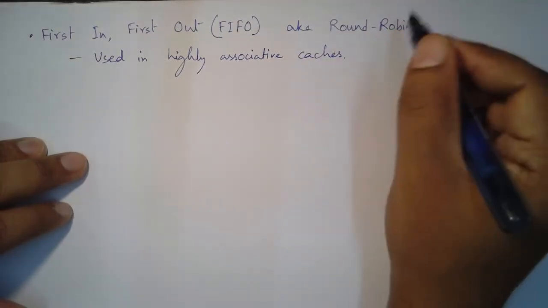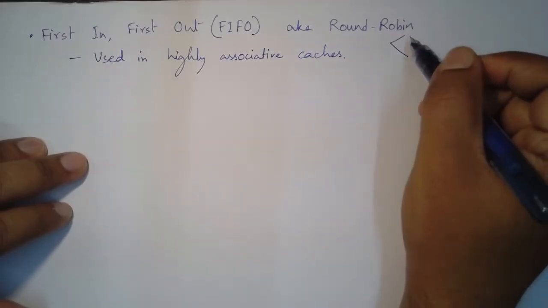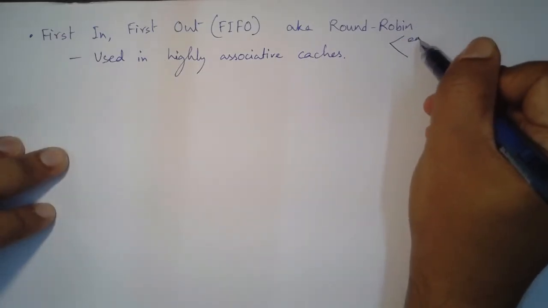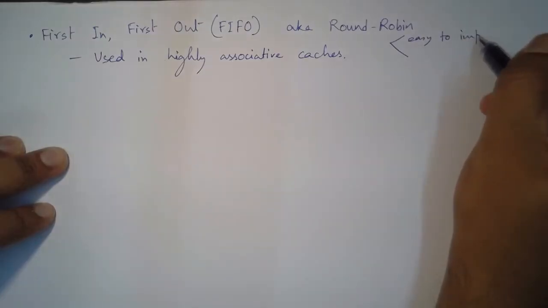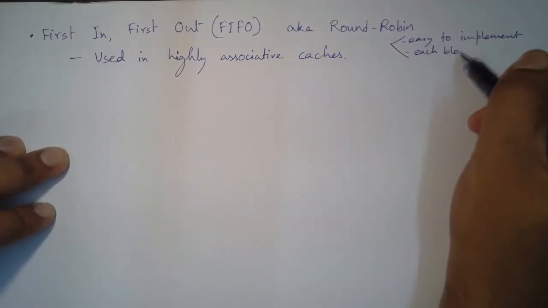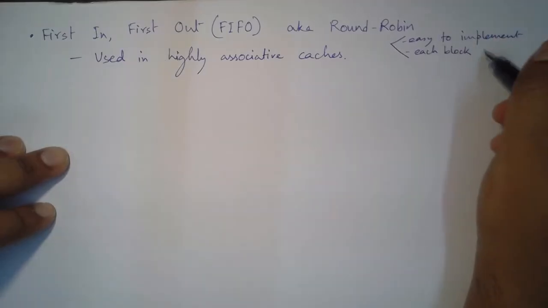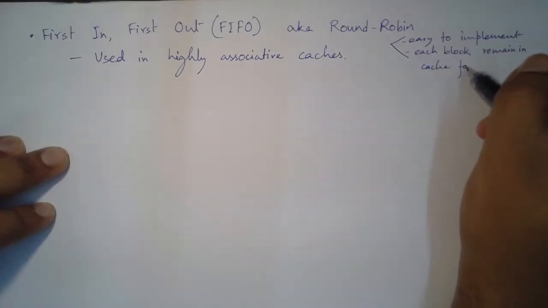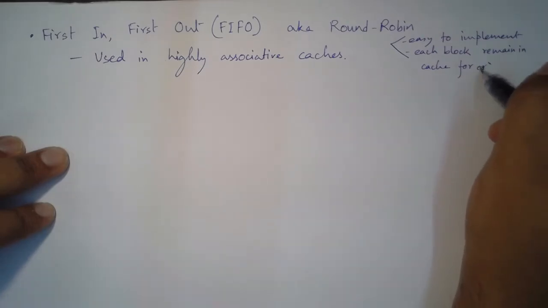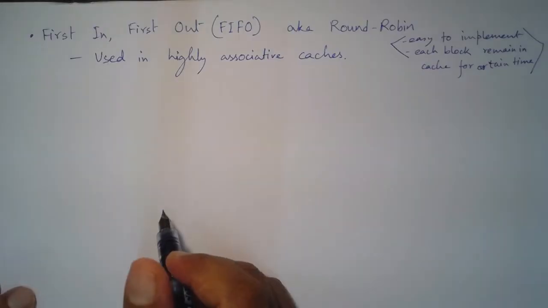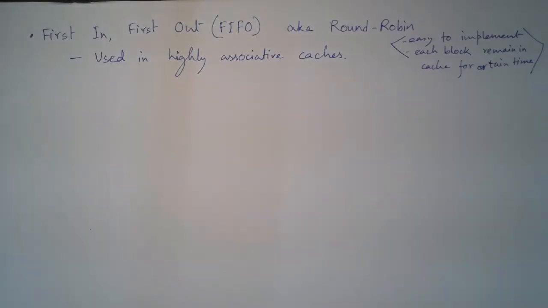Now, basically the advantages here are that it is easy to implement, and each block remains in the cache for a certain time. So, it will never happen that you just brought in a block and then immediately you are getting rid of that block. Okay.